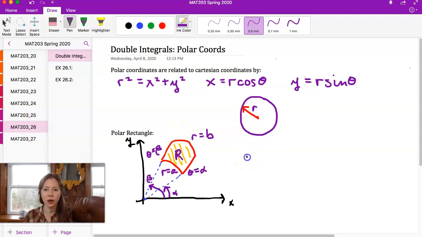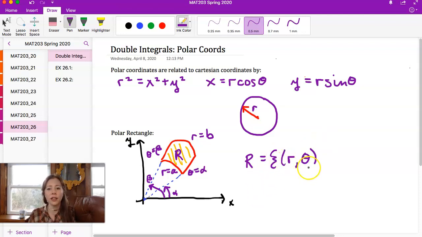So our region R is going to be a function of our radius bounds and our bounds for theta. Okay, so now we're working in terms of r and theta instead of the Cartesian coordinates x and y. So our region R is a function of r and theta such that a is less than or equal to r is less than or equal to b.